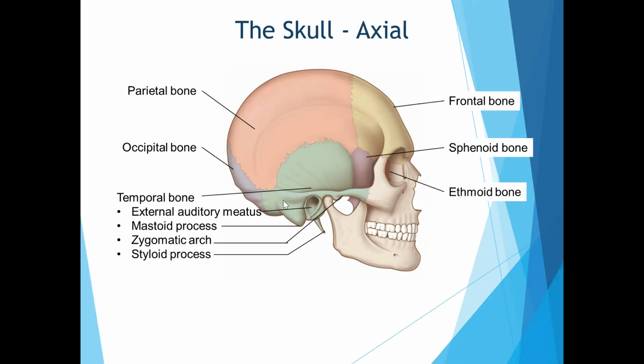And then this lower side portion is your temporal bone, which includes your external auditory meatus. That's the opening for your ear. You can also see the zygomatic arch is in there, and that we'll talk about with the facial bones. The styloid process, don't worry about that. So I just want you to know these four main. So I want you to know frontal, occipital, parietal, temporal.